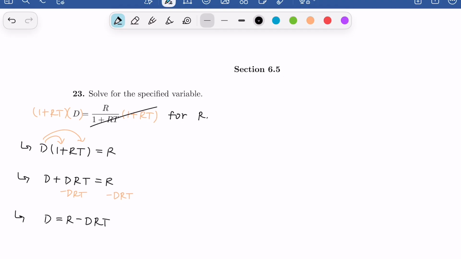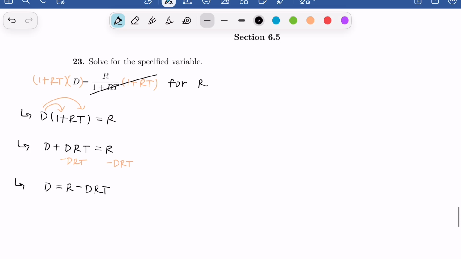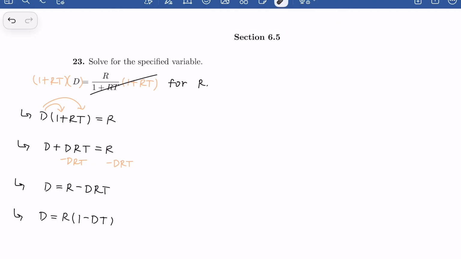And again, we're trying to completely isolate r. We have two terms with r's in them, so that means both of these terms share a common factor of r. So I can go ahead and pull that factor out. Pulling out an r from both of these terms, I'm just going to be left with 1 minus dt. And we can always check our work by redistributing this r and making sure we end up with this. Now I have r being multiplied by this.